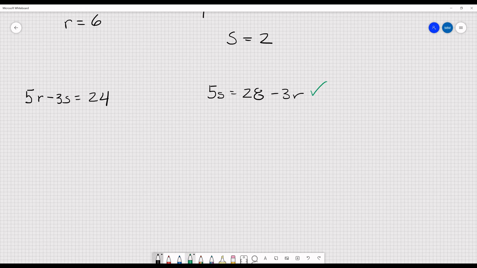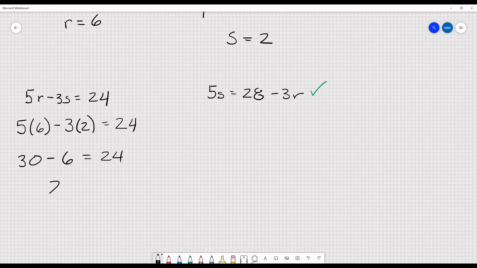So we'll check in the first equation. r is 6, s is 2, and we hope this comes out to be 24. 5 times 6 is 30, and 3 times 2 is 6. And actually, yes, 30 minus 6 is 24.